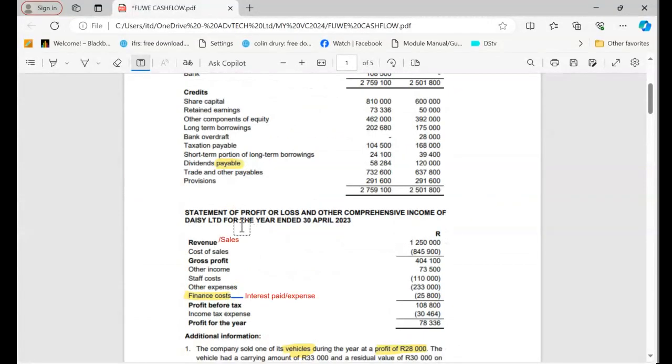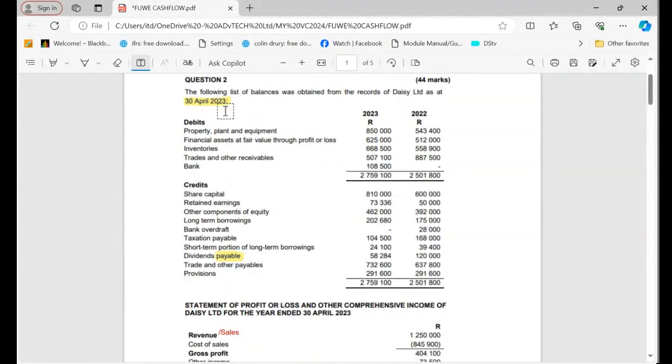To show that it's for the current year, remember, the statement of profit and loss. Can you see even the date here? It cannot give you the figures from last year. Only this one. The other figures, like I said before, come from the statement of financial position, also known as the balance sheet.